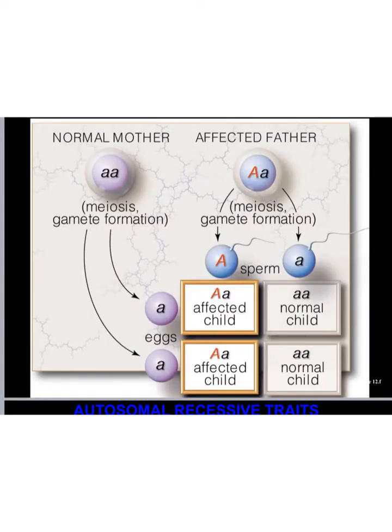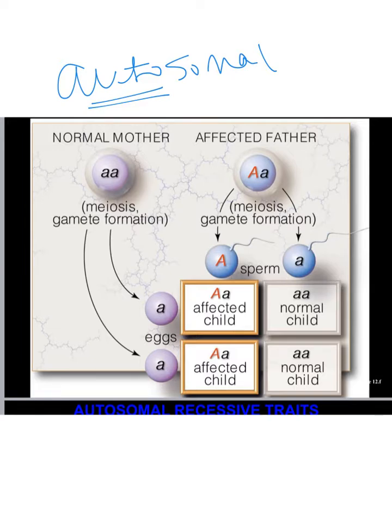Okay, so when we think about the way that genetics works, here we have an autosomal recessive trait that we're passing down. Remember, autosomal tells us that this is not on the sex chromosome. This gene is located on the autosomes, which again are the same in both sexes.